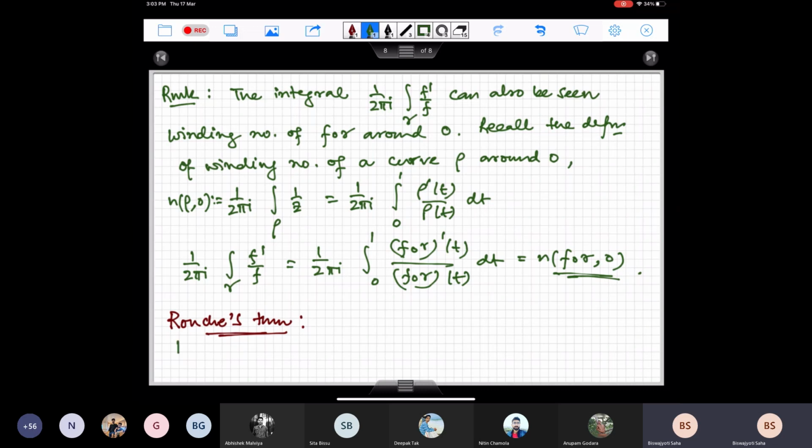Let f, g be holomorphic functions in a closed curve domain. So I have a closed curve domain D, and I have f and g holomorphic functions there.